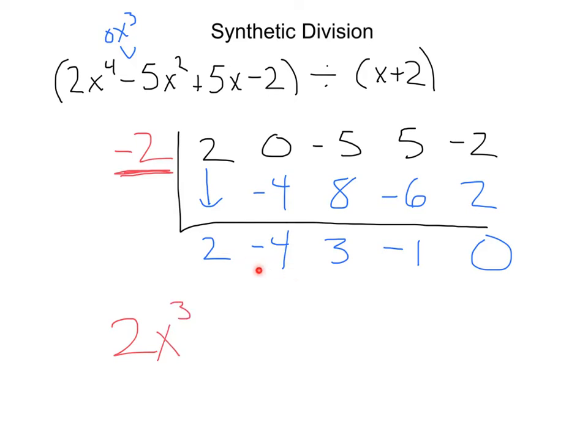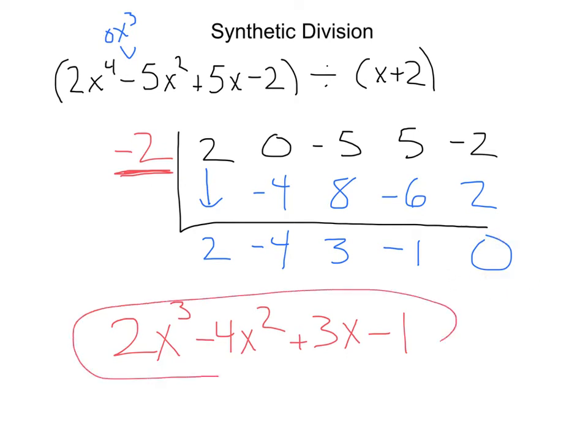Next, we've got a negative 4, so we'll go to negative 4x squared. Here we've got a 3, so we'll go to positive 3x. And here we've got a negative 1, so we finish off with a negative 1. This would be your remainder term, but since we have a 0 here, there is no remainder. And this is going to be our answer.